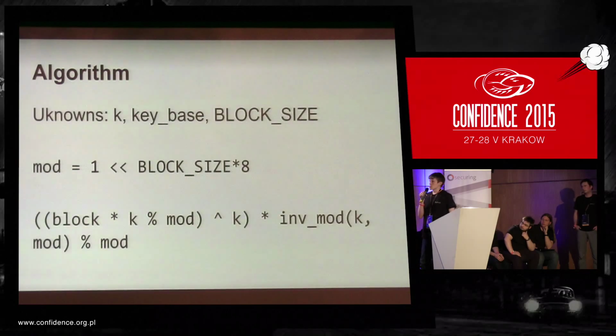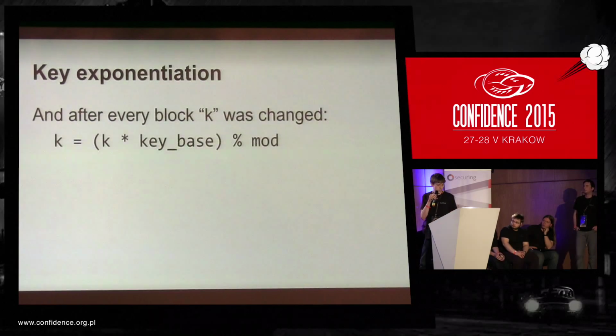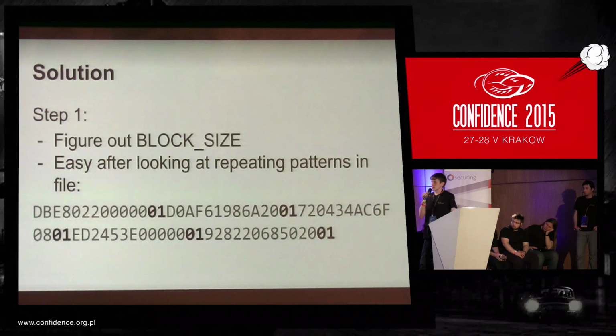So the algorithm was multiplying with k, XORing, and then reversing that multiplication. And for every block, the key was raised to the next power. Okay, that was the algorithm, and how to solve that.